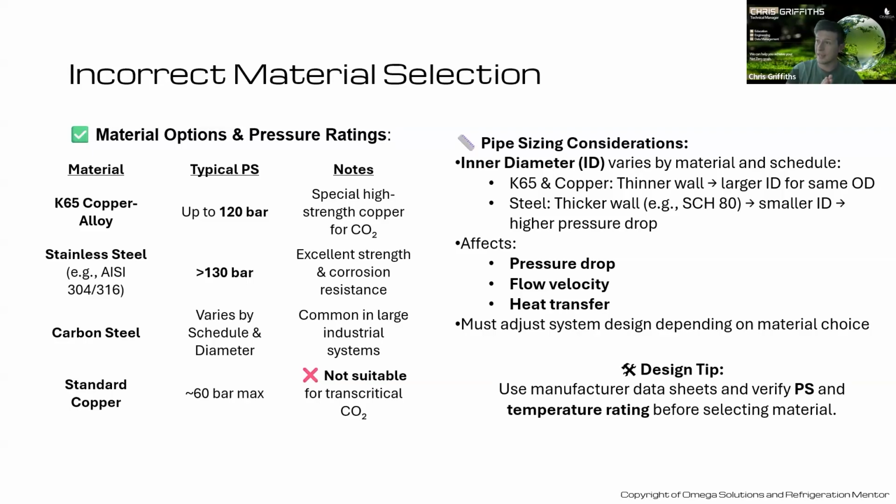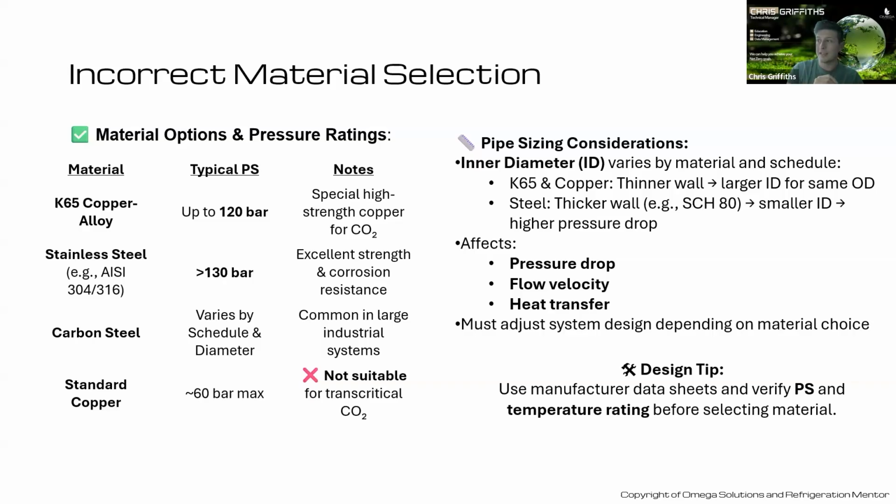One thing to consider though is even though the pipe thickness will stay the same between K65 and standard copper, the outside diameter remains the same, the inner diameter will change. Because of that thicker wall, you'll have less of an inner diameter on K65, so you'll notice an increased pressure drop, the same length of pipe between K65 and standard copper.